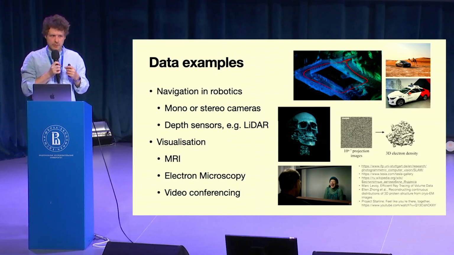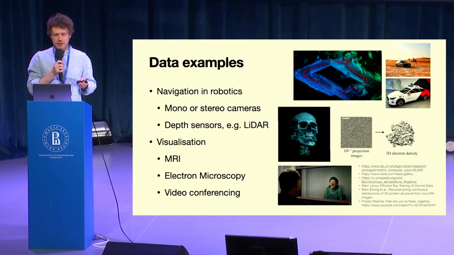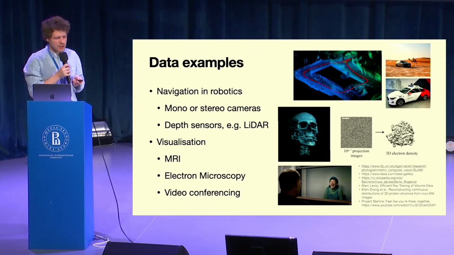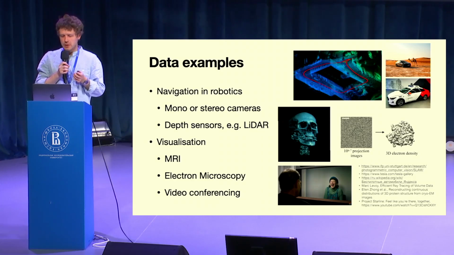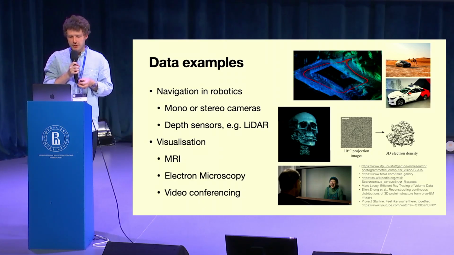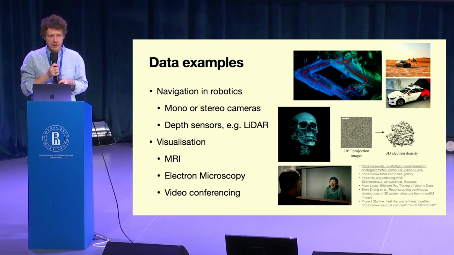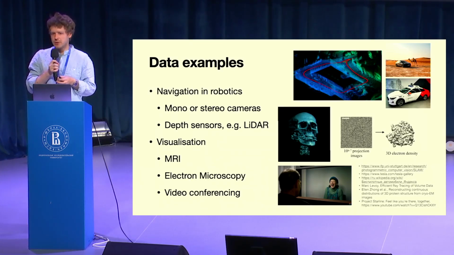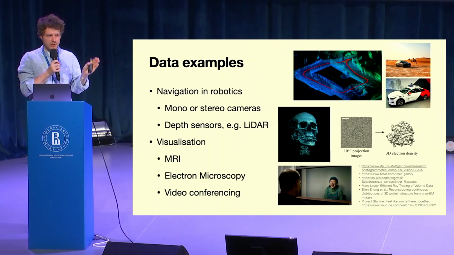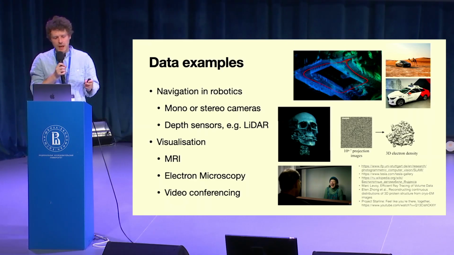And so the neural fields we're going to discuss essentially use tech which was developed to visualize volumetric data. Another example is electron microscopy. This is an application which was developed several years before NeRF was presented. NeRF is the topic we're going to discuss later.